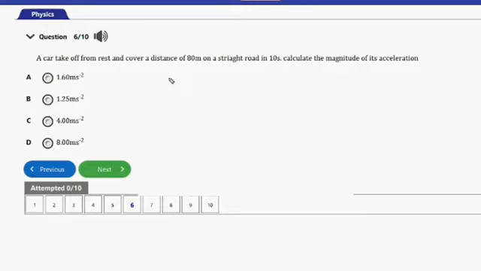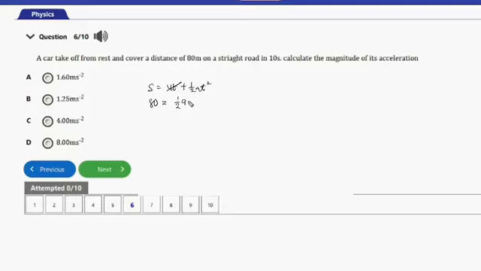If we employ the formula s is equal to ut plus half at squared, we are going to have the distance s as 80 meters, then the initial velocity is 0, so ut can cancel out, so s is equal to half at squared. So s is 80, then a is not given, and that's what we are looking for.